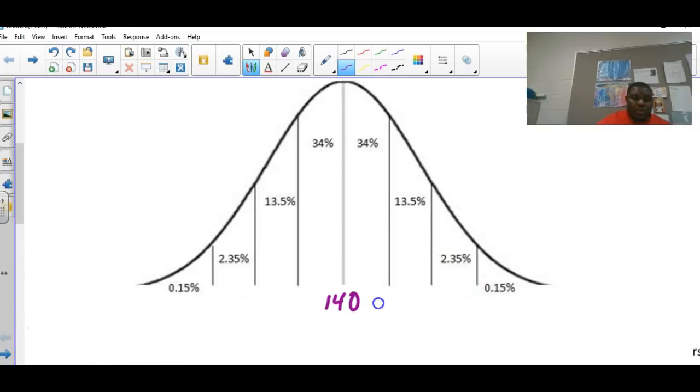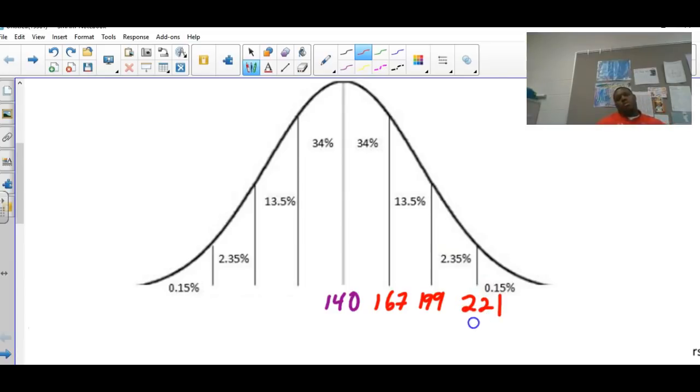So if I add 27 to 140, I'm going to get 167. Then I'm going to get 194, and then I'm going to get 221.